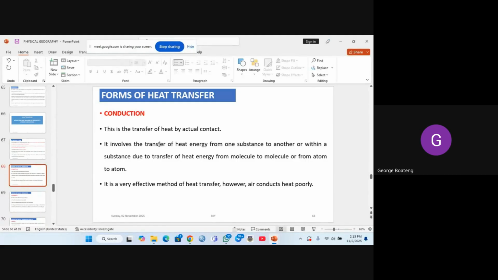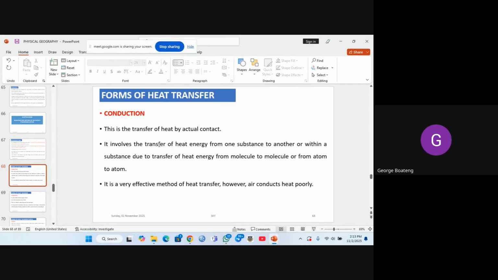So it involves the transfer of heat energy from one substance to another, or within a substance, from molecule to molecule or from atom to atom. So what we want to say is that when there is contact, then there's conduction.